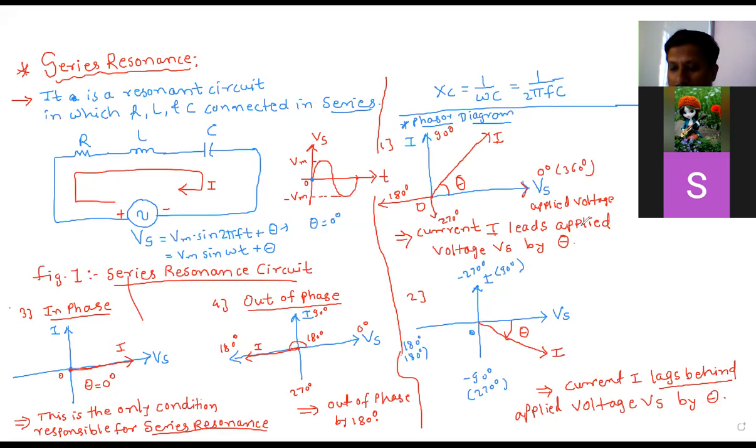We are going to derive the expression for frequency of a series resonance circuit, and some examples are also there. And if time permits, we can discuss the impedance of a series resonance circuit also. Okay. So we can stop for today. If any questions will be there, you can ask. Otherwise, we can stop.